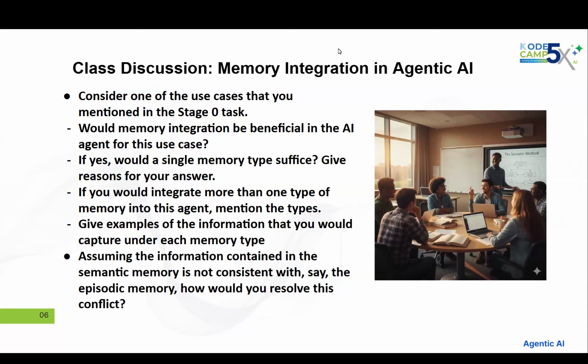Now, examples of the information that we capture under each memory type. For semantic, I'm looking at company policy, equipment manuals, things the agent can use to take a decision.